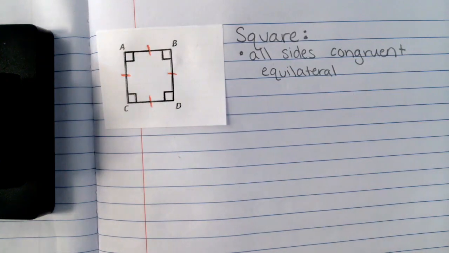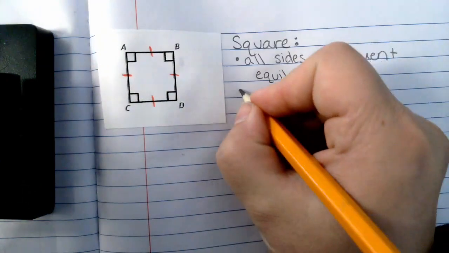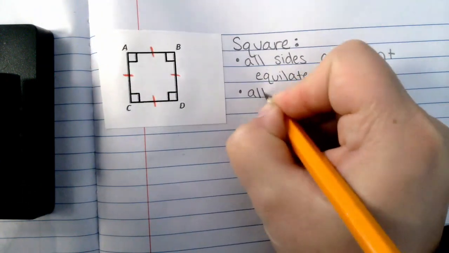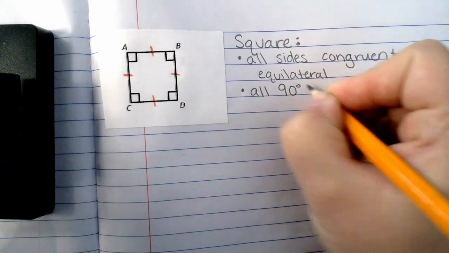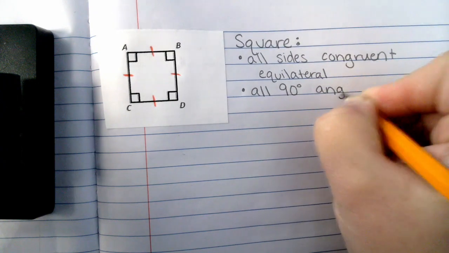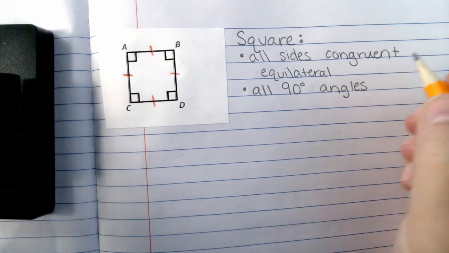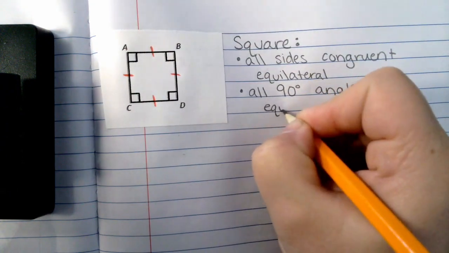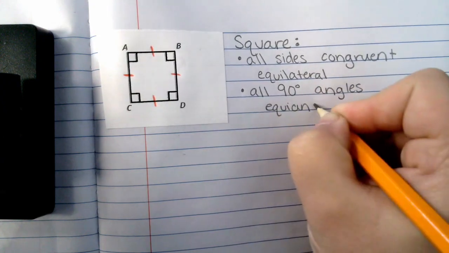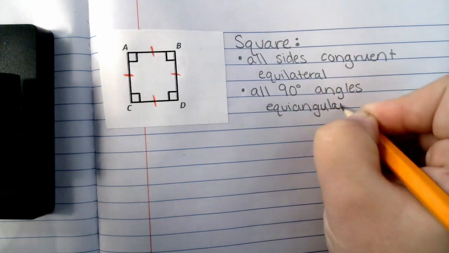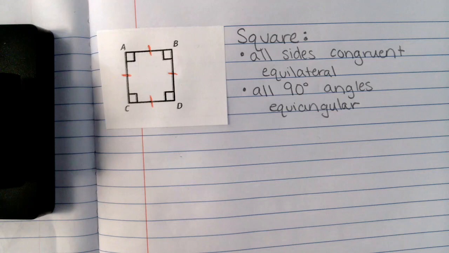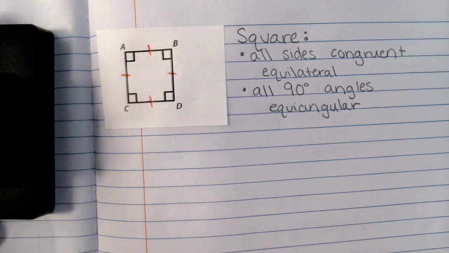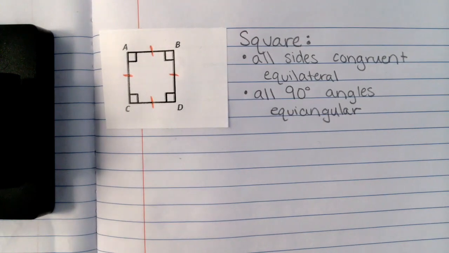Now, there was a special word back in that chapter 6 introduction that Miss Ryder did with you. I was gone on that day. But that told us that a shape was both equilateral and equiangular at the same time. Regular shape. So this is a regular, what kind of polygon is it? How many sides? 4. So a regular quadrilateral.